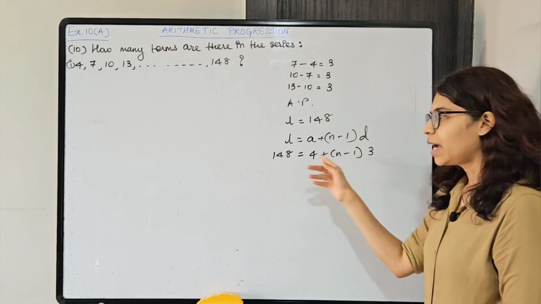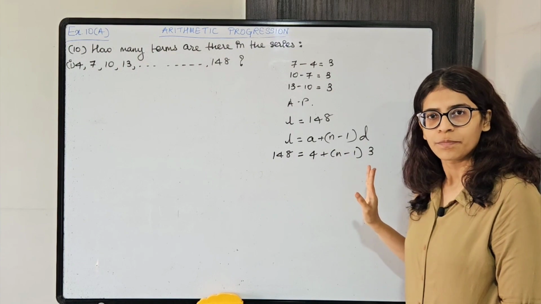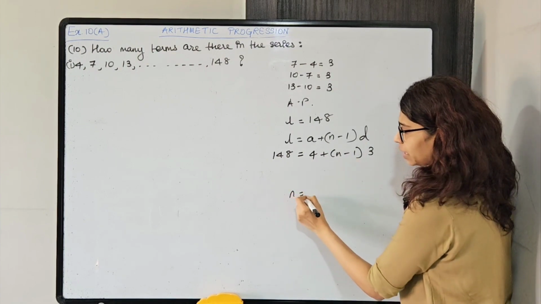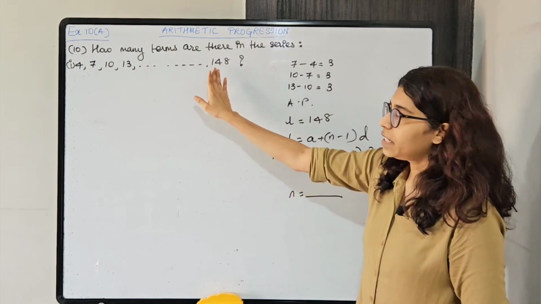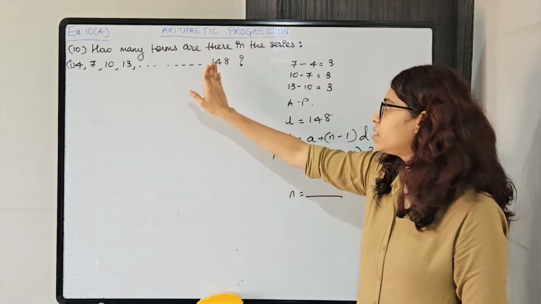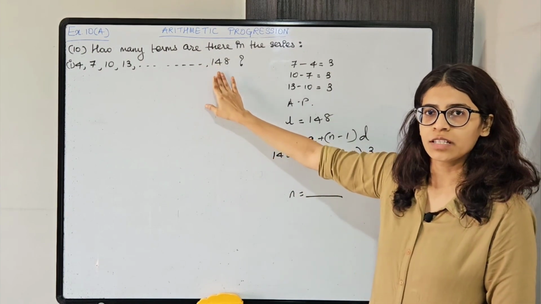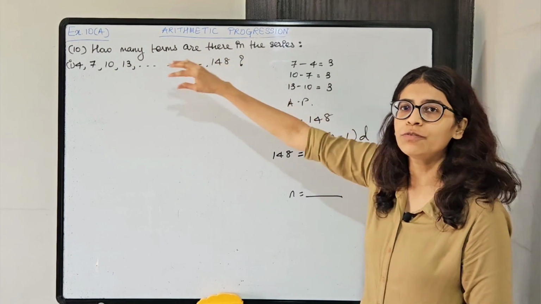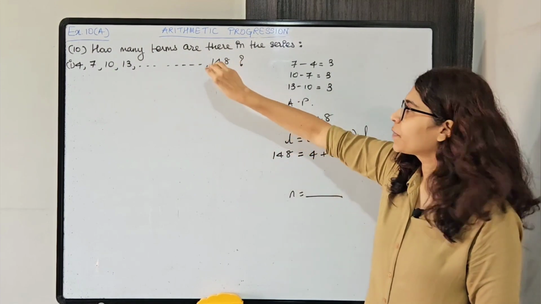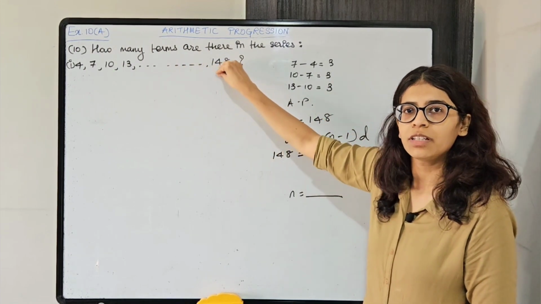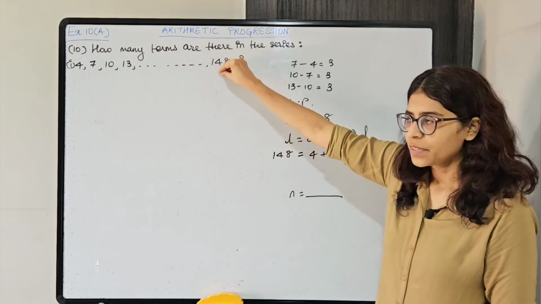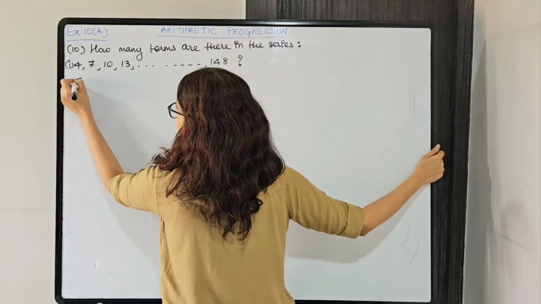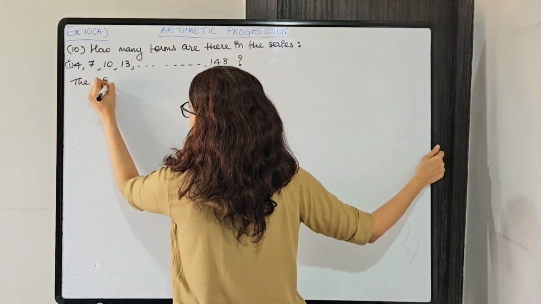Solve करो and you will get n का value. n का जो भी value मिलेगा, that many terms are there in the series because 148 is the last term. So अगर ये 55 है तो 55 terms are there in the series, अगर ये 25 है तो 25 terms are there in the series, all right. So let us solve now.